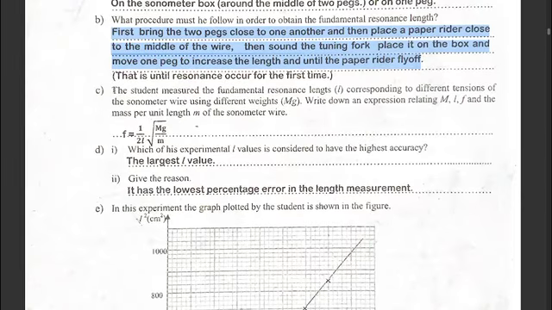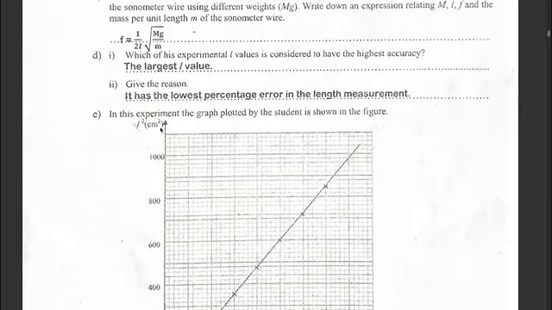Then the student measured the fundamental resonance length L corresponding to different tensions of the sonometer while using weights mg. Write down an expression relating m, L, f and mass per unit length of the sonometer wire. So from the equation that we got earlier, in place of tension, we will replace mg. So those are common questions.